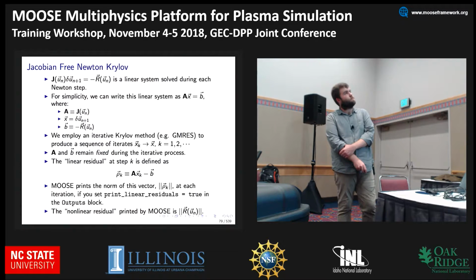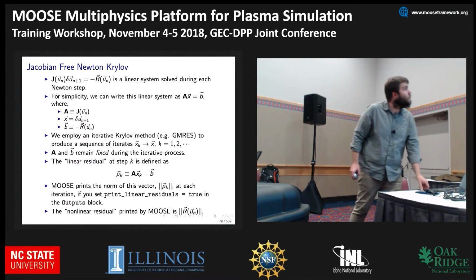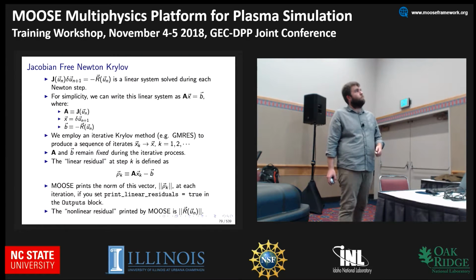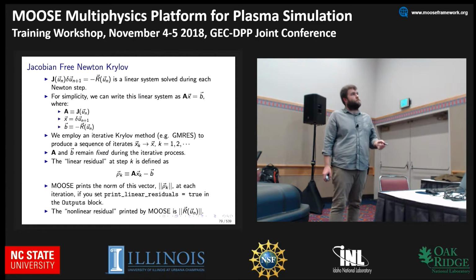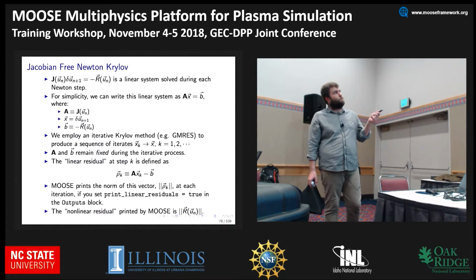Okay. So the Jacobian-free Newton-Krylov method: we have our system Ax = b, where A is our Jacobian, x is our delta u_{n+1} from the Newton method, and b is our negative residual.